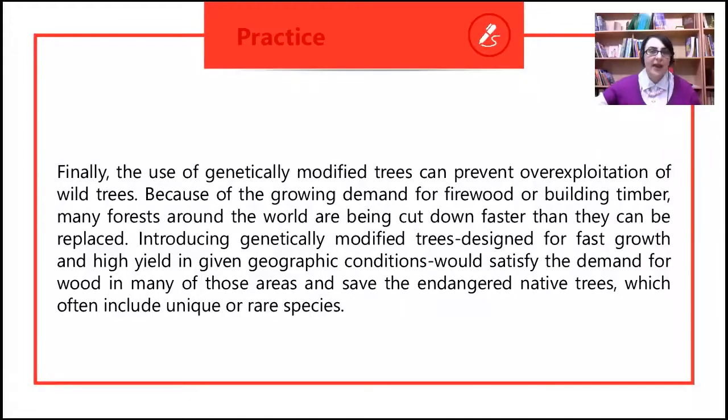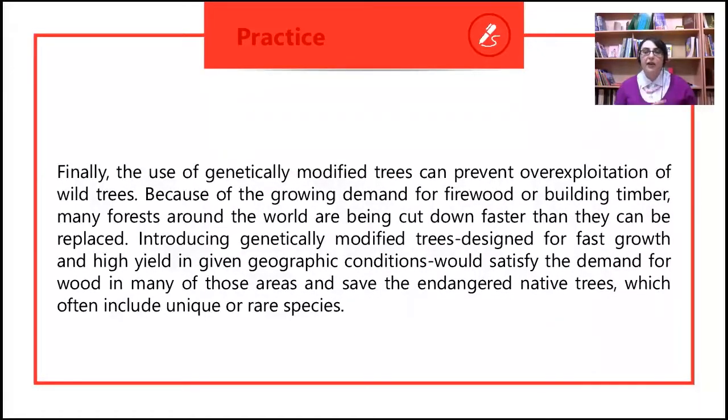So, finally, the use of genetically modified trees can prevent overexploitation of wild trees. Because of the growing demand for firewood and building timber, many forests around the world are being cut down faster and they can be replaced. So here, in the first part, is the main information. You can read, of course. I recommend you to read further for understanding the listening better, but skip it.